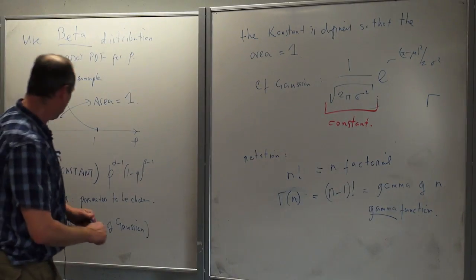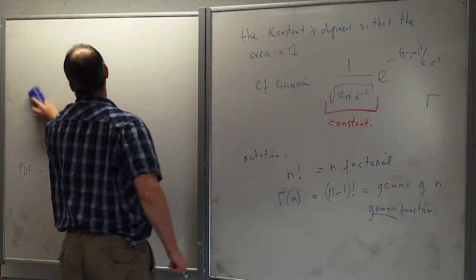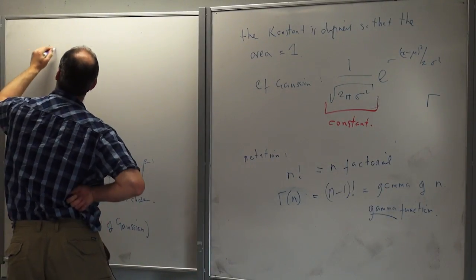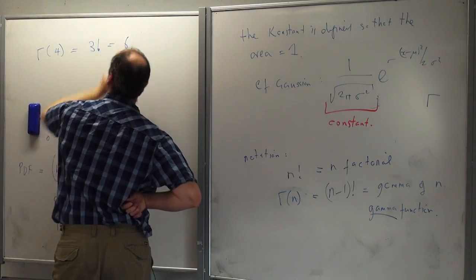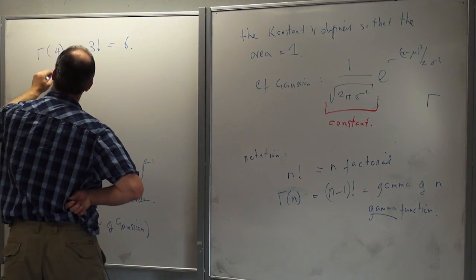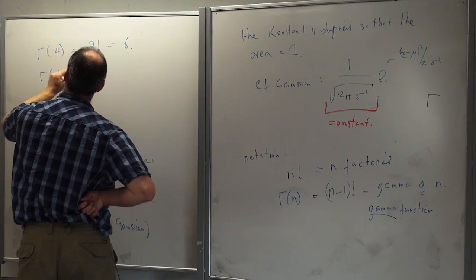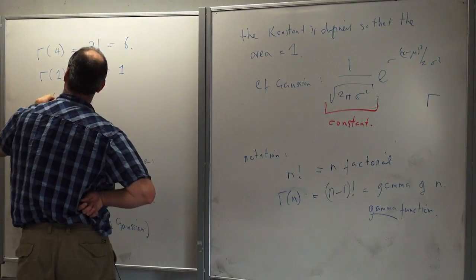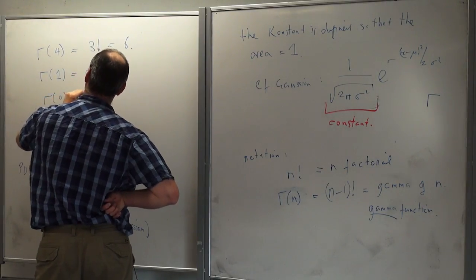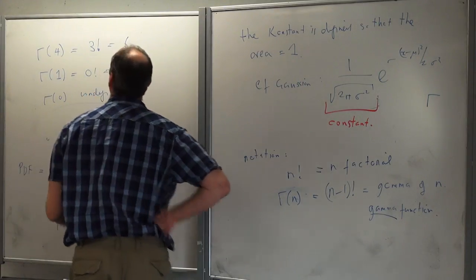So we've got this minus 1 factorial. So for example, gamma of 4 will equal 3 factorial, equals 6. Gamma of 1 equals 0 factorial equals 1. Gamma of 0 is undefined.